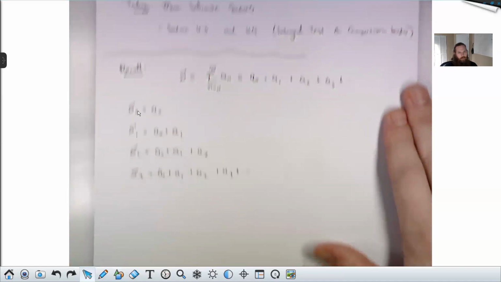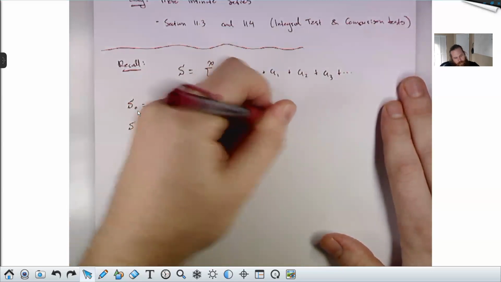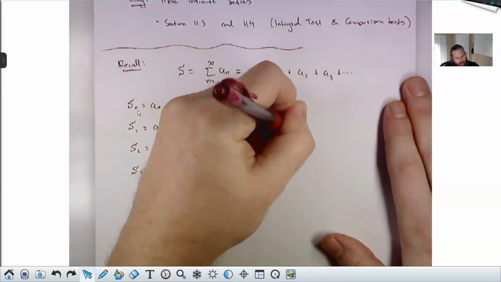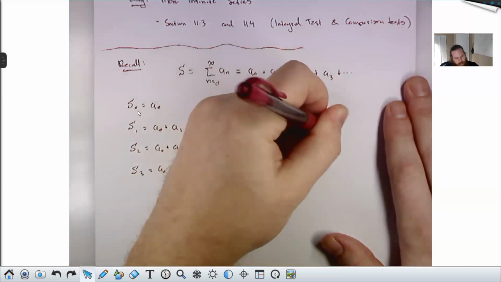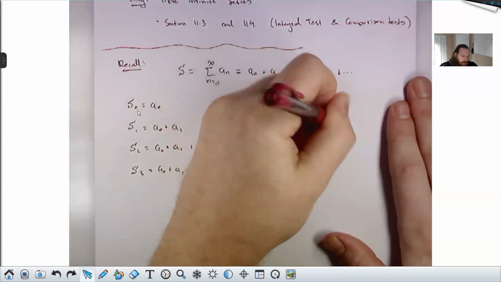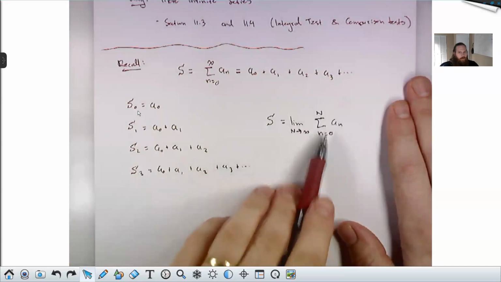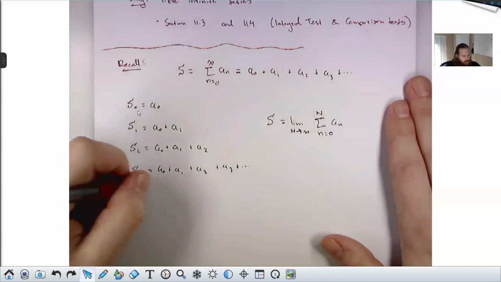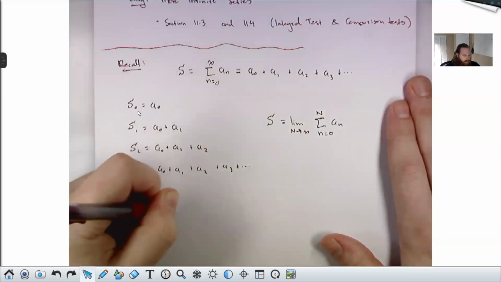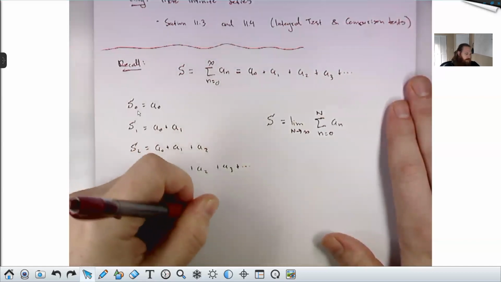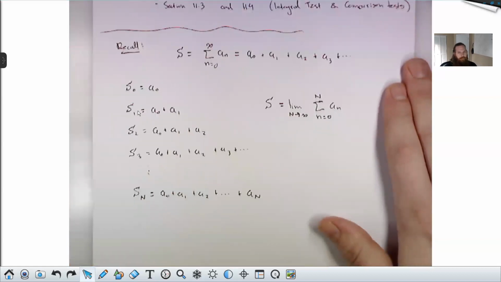And the big deal for infinite series is that the full infinite series S is equal to the limit as cap n goes to infinity of sigma n from 0 to cap n of an. And then this guy here, the sigma n from 0 to cap n of an, that's really Sn. S sub capital N is A0 plus A1 plus A2 plus A3 plus A4 all the way out to AN.